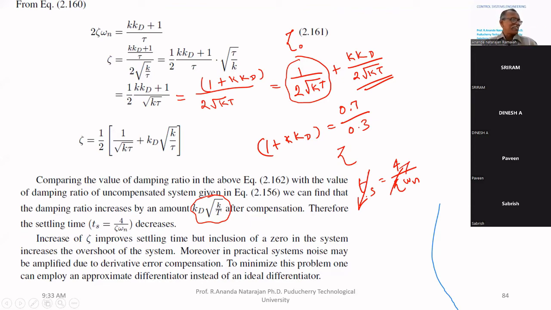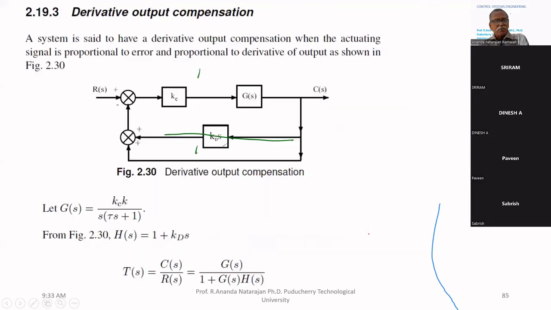In other words, it reduces oscillation, because zeta is increased from 0.3 to 0.7. Oscillation reduces, so it quickly settles. Analytically, settling time equals 4 upon zeta omega n, and as zeta increases for derivative compensation, settling time decreases. So it improves settling time and reduces oscillations. These are the advantages of derivative compensator.